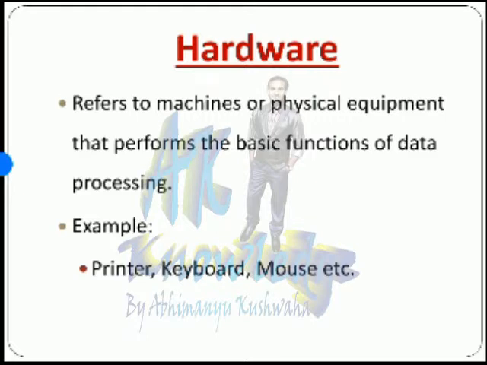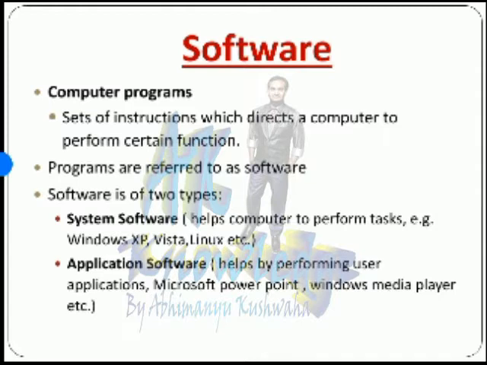Next, software. What is software? Before we know about software, we have to look at computer programs. A set of instructions which directs a computer to perform certain functions is called a computer program. So what is a program?